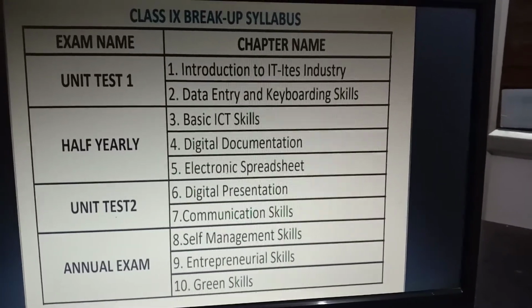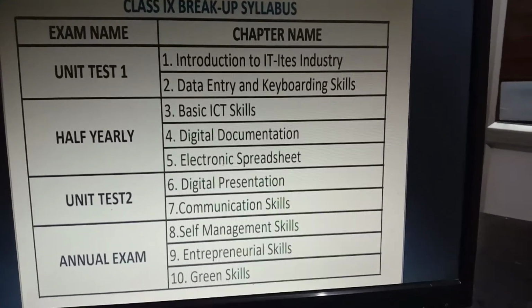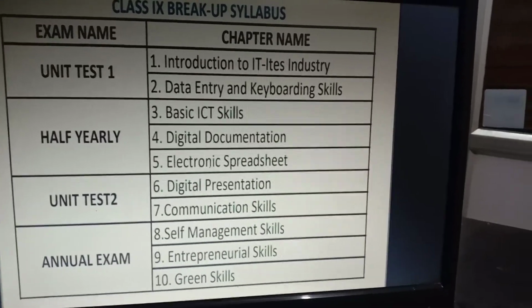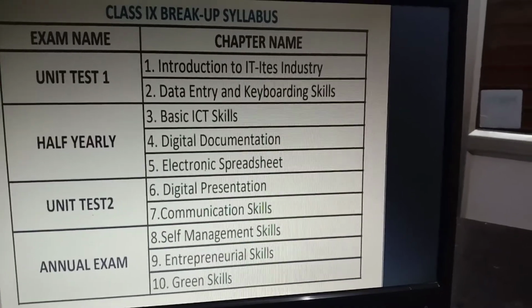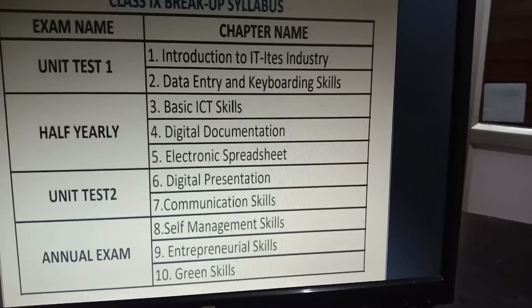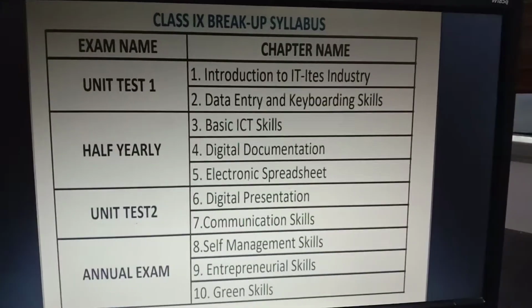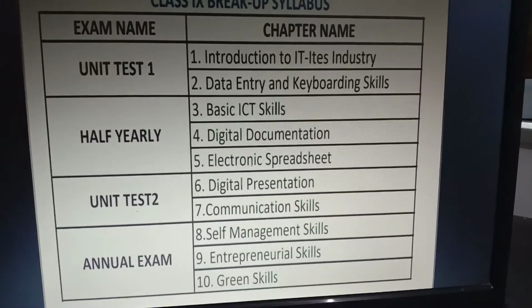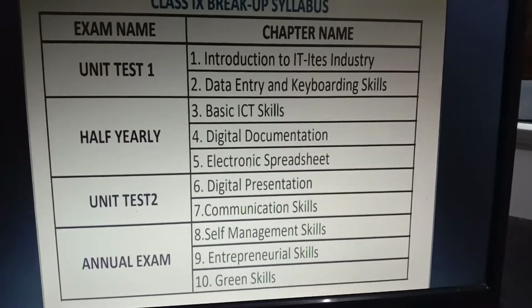Now let's discuss the break-up syllabus. For UT1, chapter number 1 is Introduction to ICT and Industries, and chapter number 2 is Data Entry and Keyboard Skills. That is up to UT1.